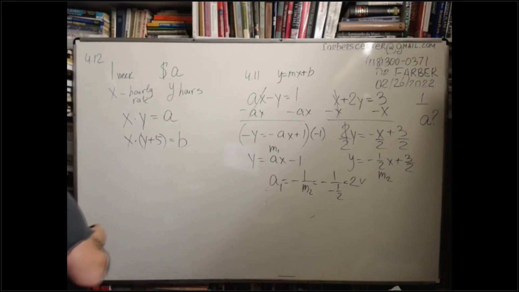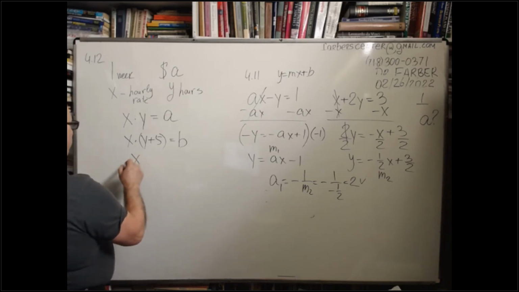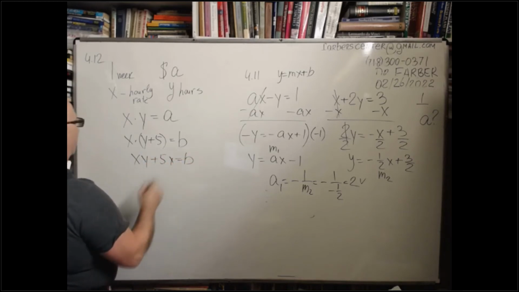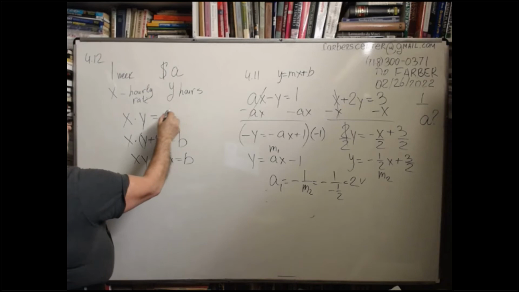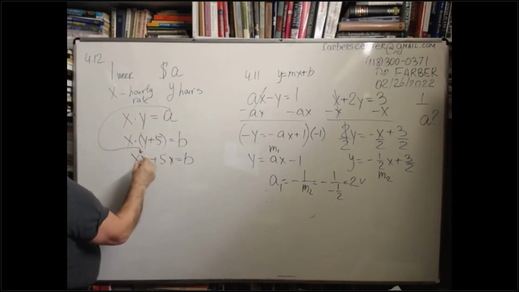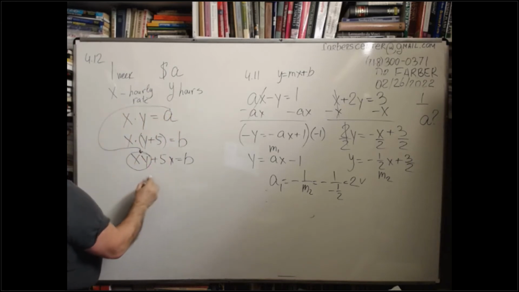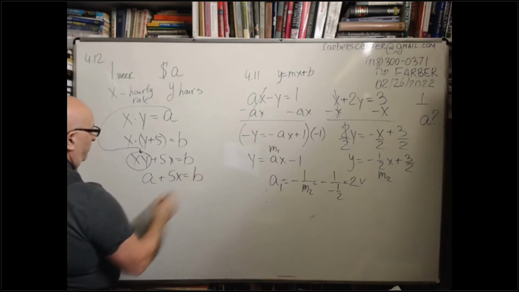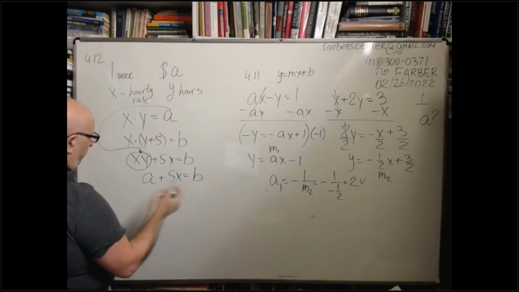Now apply the distributive property: xy plus 5x equals b. But what is xy? Just grab it and plug in over there. This is A. A plus 5x equals b.